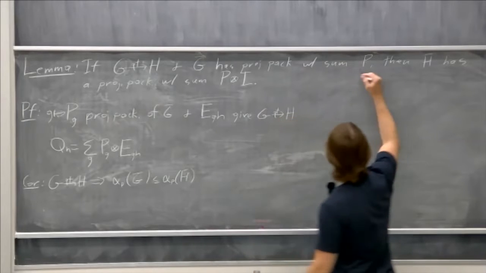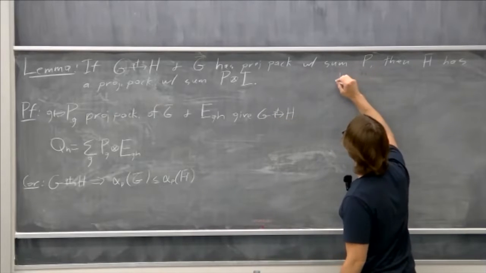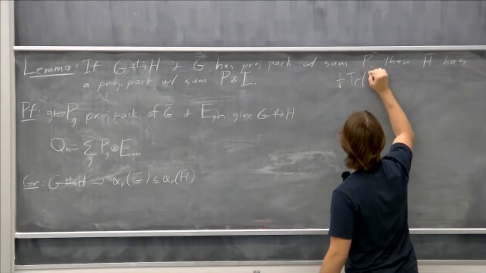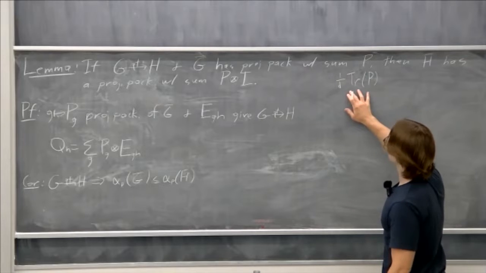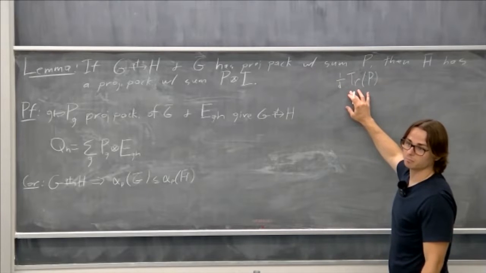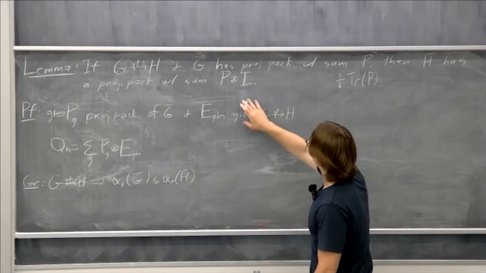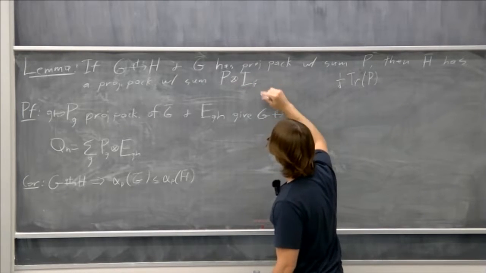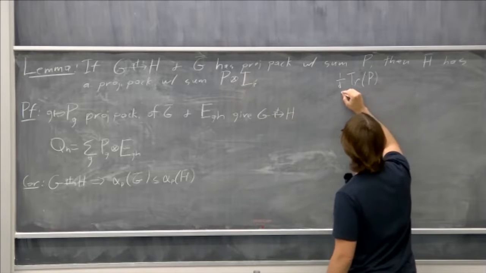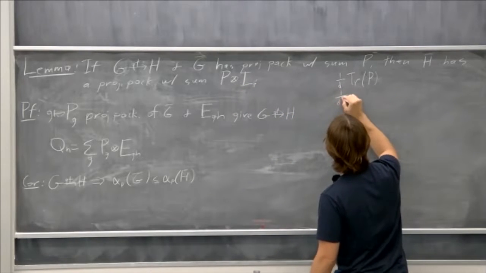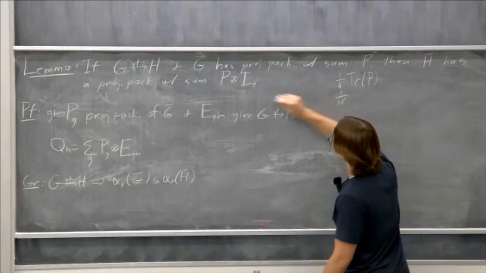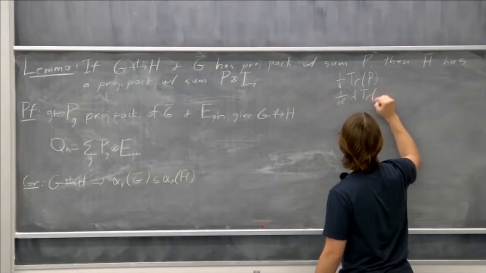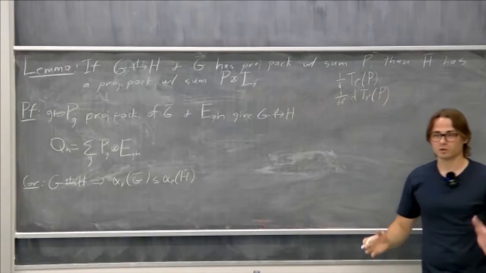Well, we don't know what the D is, but it's 1 over D times the trace of P. Actually, we can think of this as the average of the eigenvalues of this sum P. And then when I take the same thing here, this will be some D prime, then the value will become 1 over D times D prime trace of this, which is just D prime trace of P. So the values are the same.